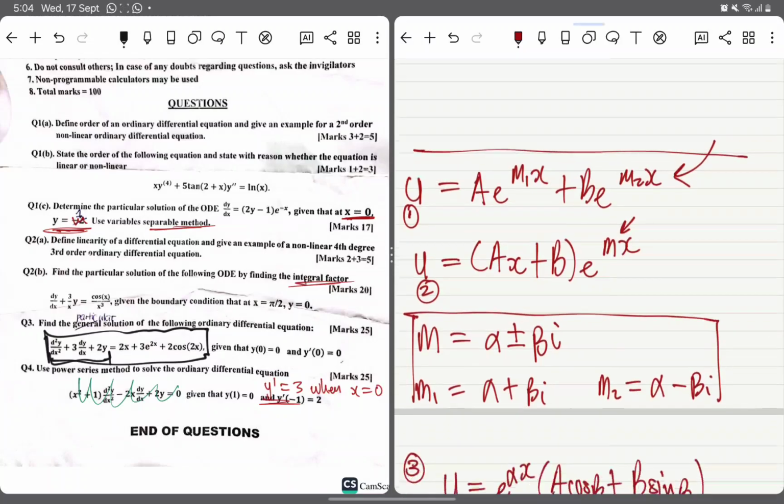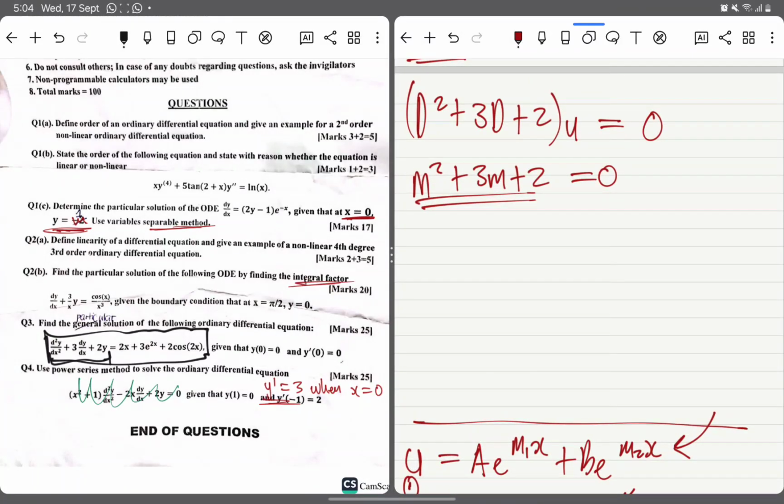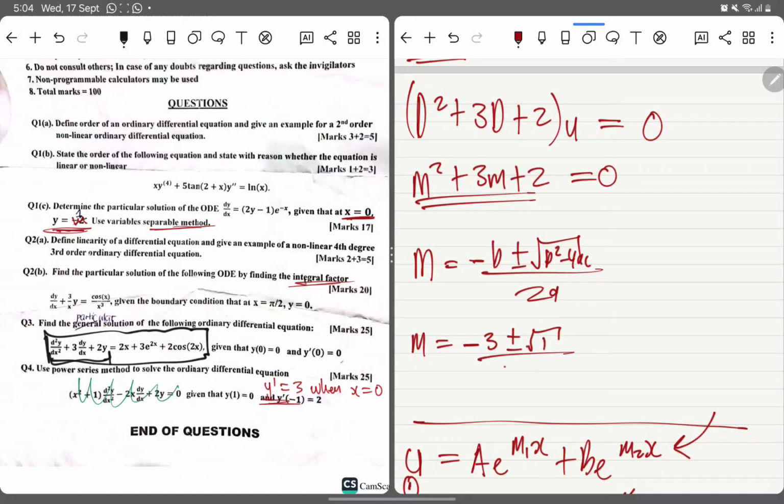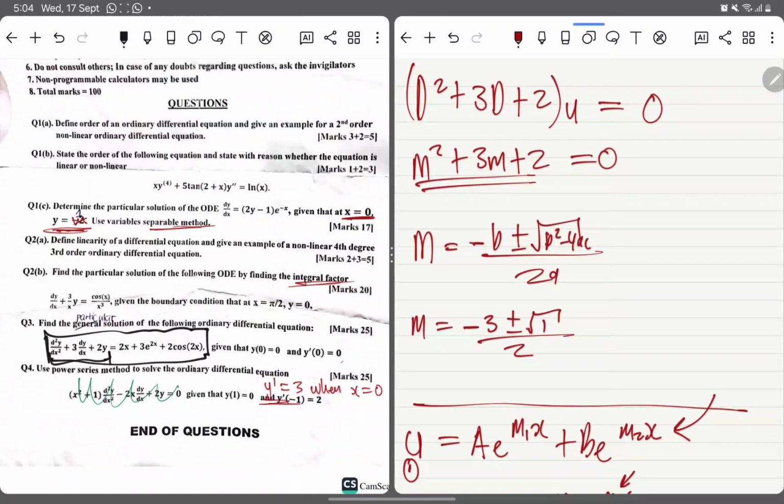So once you have the u in this state, we would say, okay, my m we found already to be negative b plus or minus the square root of b squared minus 4ac all over 2a. And we got our m being equal to negative b, which is negative 3, plus or minus the square root of 1 all over 2, because our b squared minus 4ac was 1.